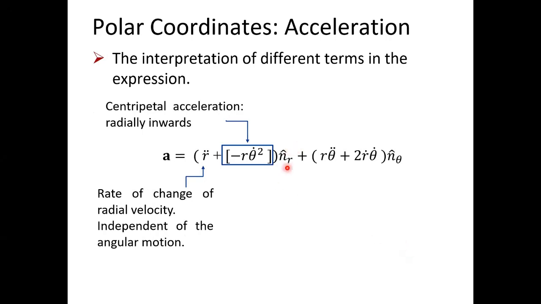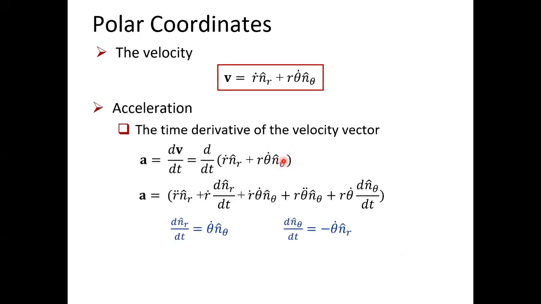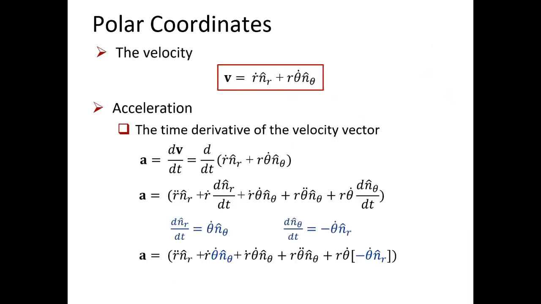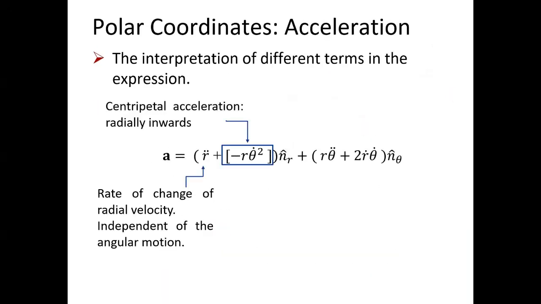You can see this n hat r direction we have defined as radially outwards, if you can recall, so anything with a minus means radially inwards. And then we have the angular acceleration term, r theta double dot, in the direction of n hat theta, so that is normal to the radial direction.